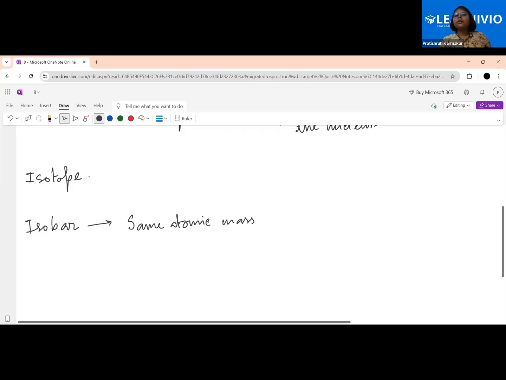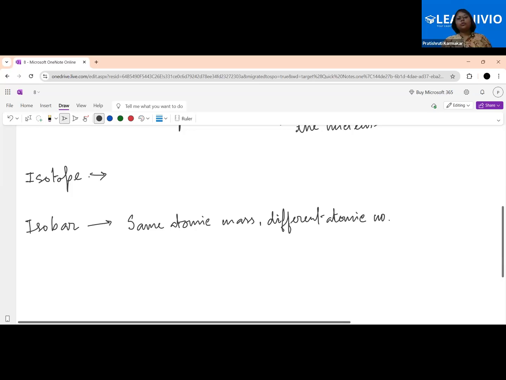So for isobar, we have same atomic mass. If the atomic mass is the same, then what has to be different? Atomic number has to be different because these are the only two properties we have. Different atomic number, right? And isotope, then what will be isotope? Same atomic number, different atomic mass.